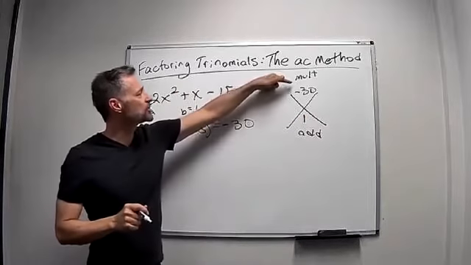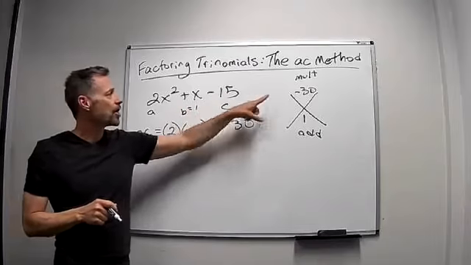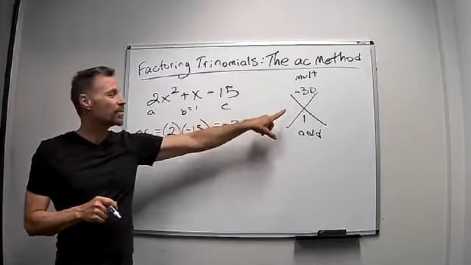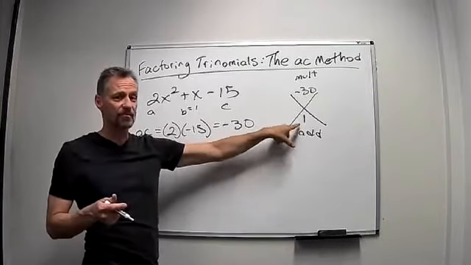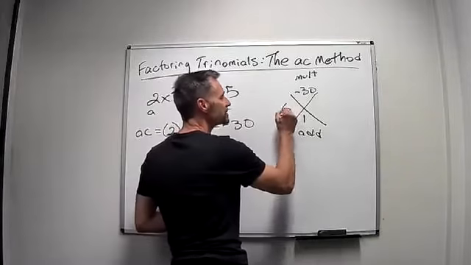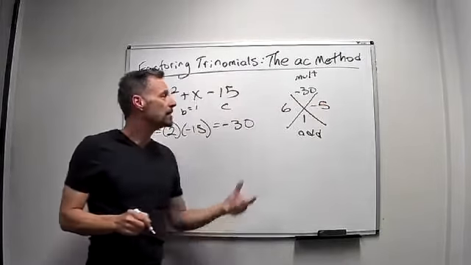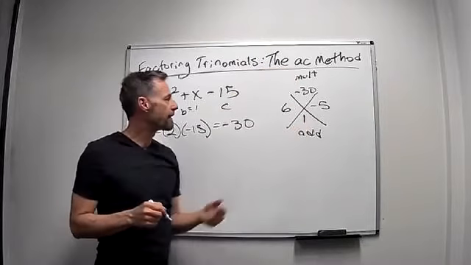Two numbers that multiply to negative 30 and whose difference is 1 are going to be 6 and 5. We want them to add to a positive 1, so we're going to have the 6 first. So when we do the signs, it's going to be a positive 6 and a negative 5. Those do multiply to negative 30, but they add to positive 1.